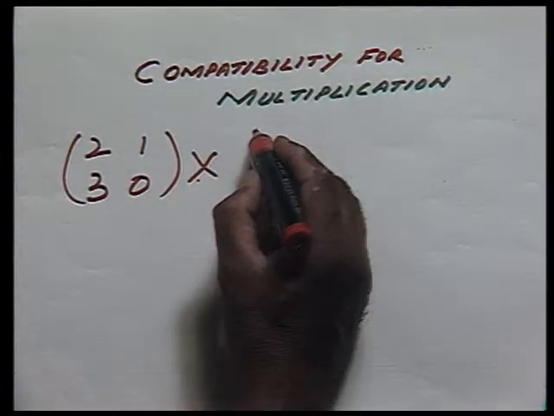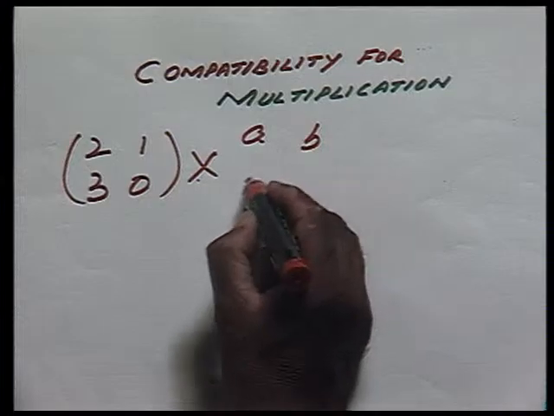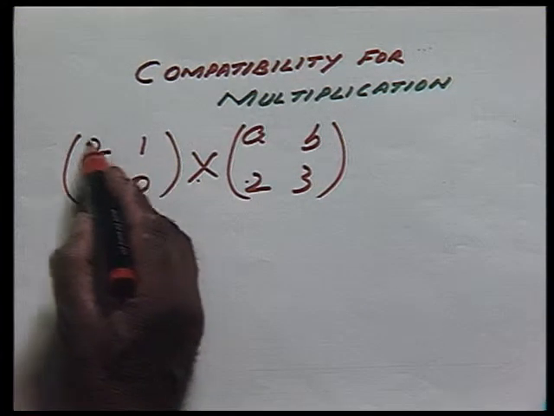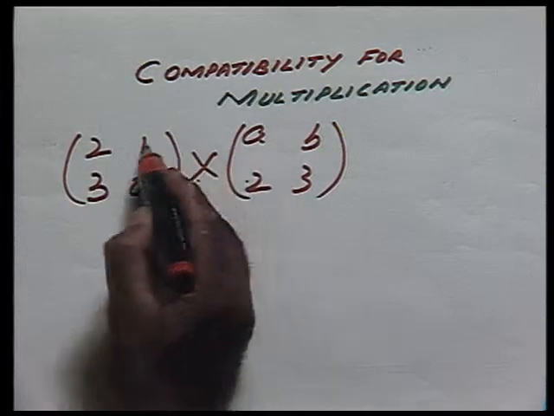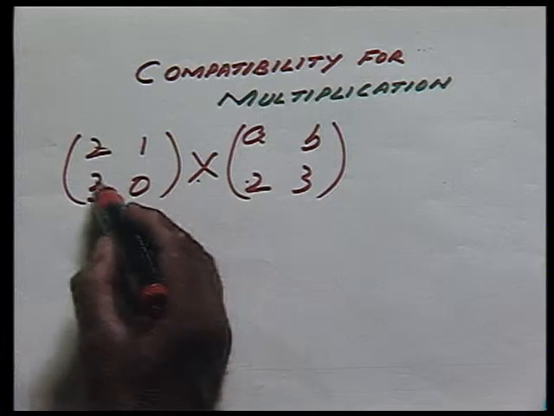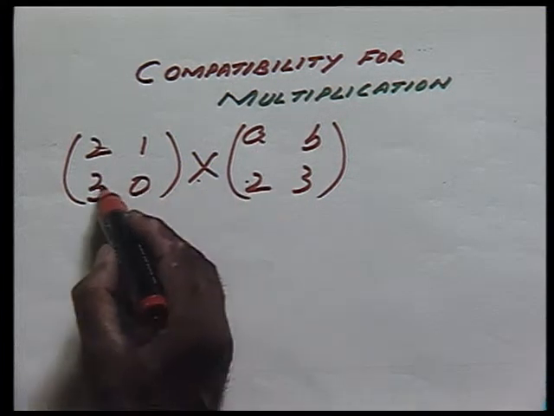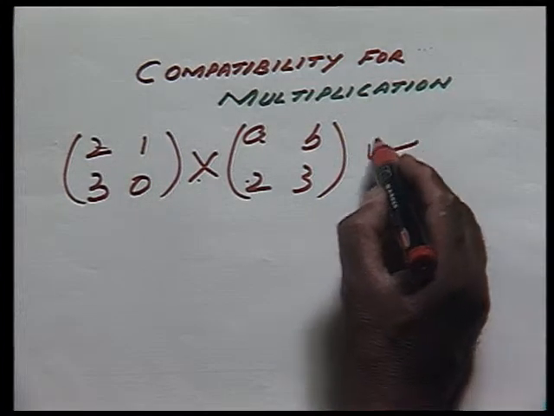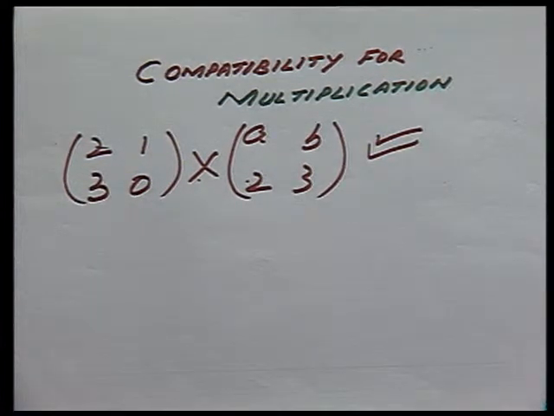Can I multiply this matrix with this? Surely I can, because 2 can multiply with A, 1 with 2, and that will be our element for first, and then similarly this row will multiply with this column, and you will be getting the answer. So, these two matrices are compatible as far as multiplication is concerned.